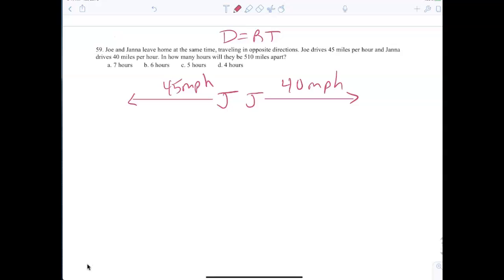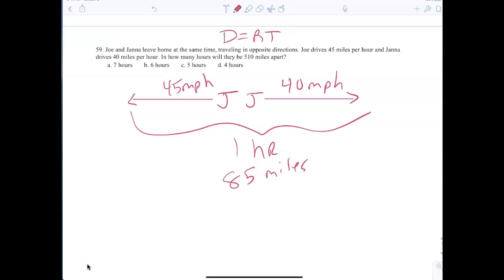So can somebody tell me after every hour how far apart are they? 85. You're correct. Does that make sense? So after 1 hour, they're going to be 85 miles apart. Does everybody agree with that?